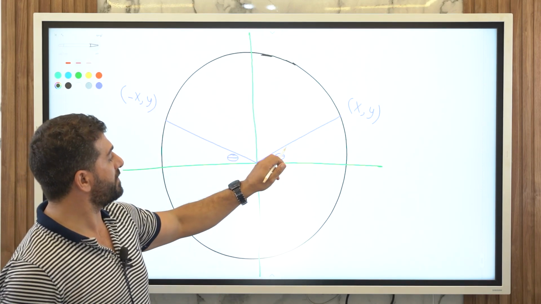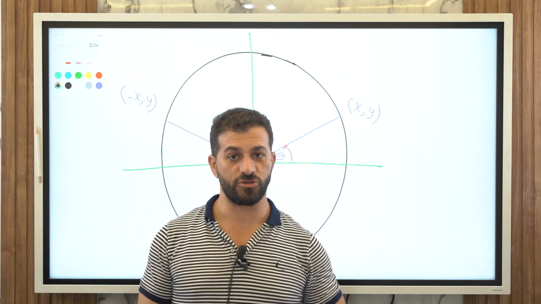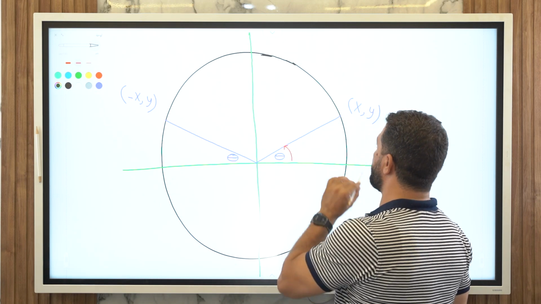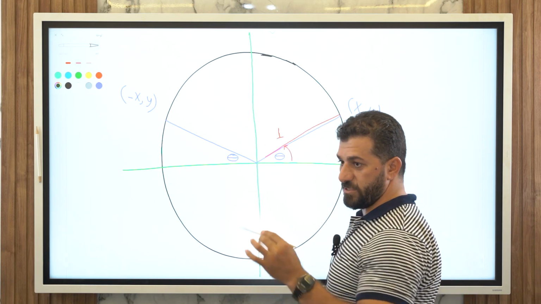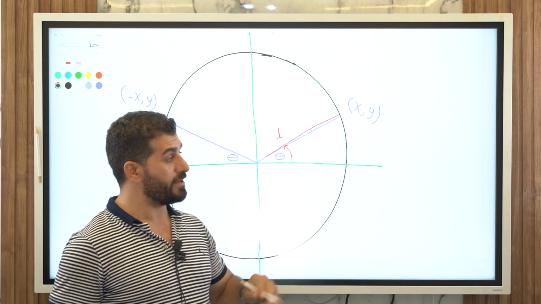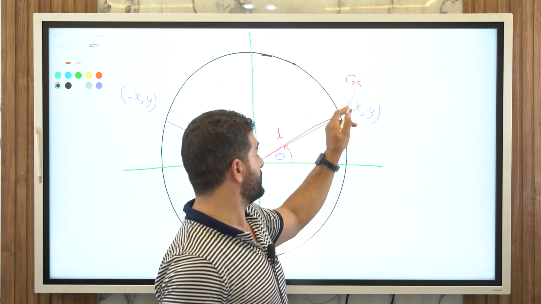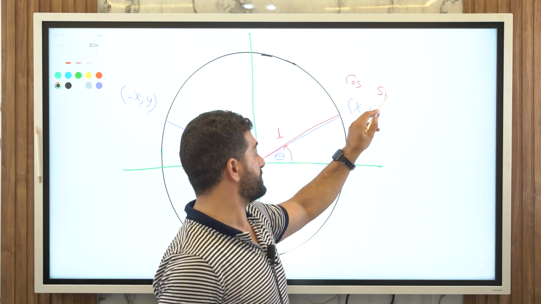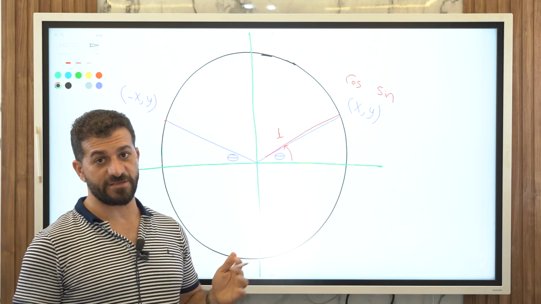Firstly, what is the size of this angle in its standard position? This angle here is theta. If this is the unit circle, its radius length is 1. X here represents cosine, as you know, and y represents sine. What about this angle? Don't say theta.